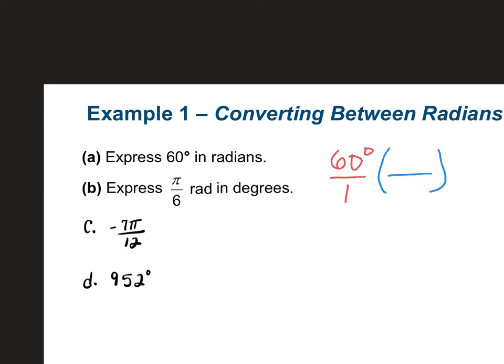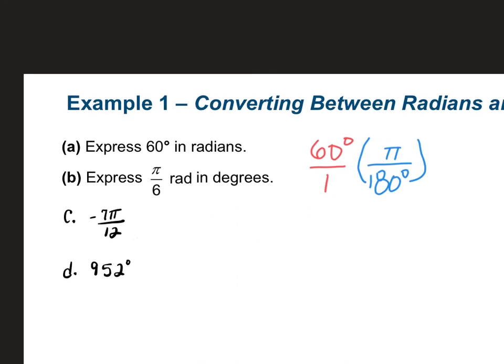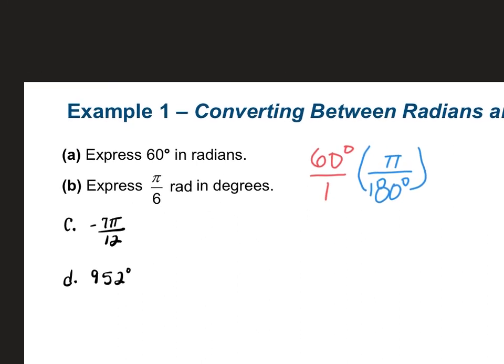So where is the 180 going to go? Is it going to go on the top or on the bottom? Why is 180 degrees going to go on the bottom? Because when you cross cancel, what happens to the degree sign? It cancels out. I always write the degree sign so I see the degree on top and the degree on the bottom cancels out.